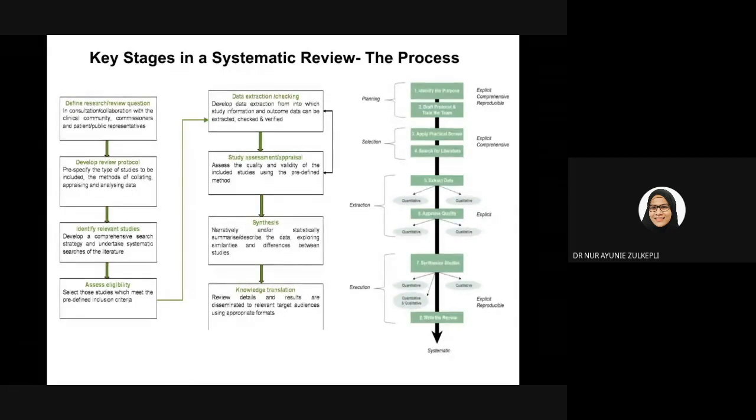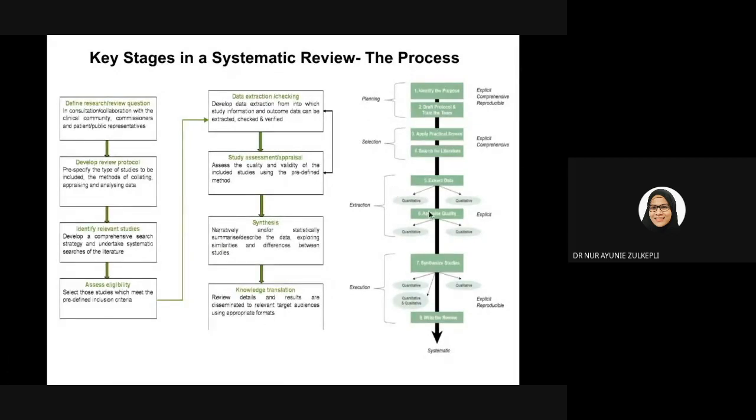Which frameworks are you going to apply in your search strategy? Okay, and you will identify relevant studies. You will include and exclude the papers that you want, and you assess the eligibility. Then you will do the data extraction, and then critical appraisal comes in. You will do the synthesis and knowledge translation in the form of a review.